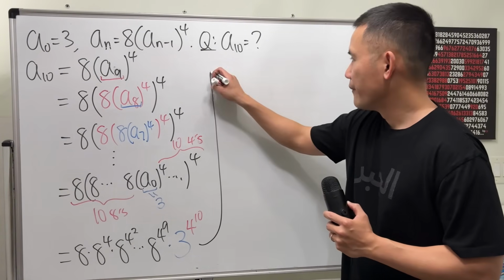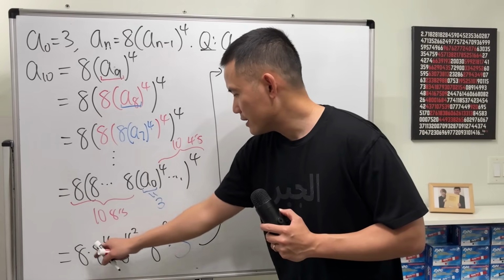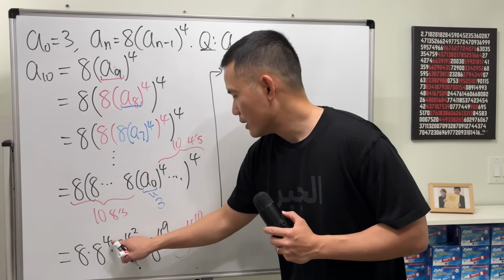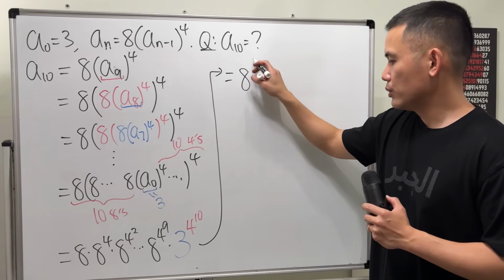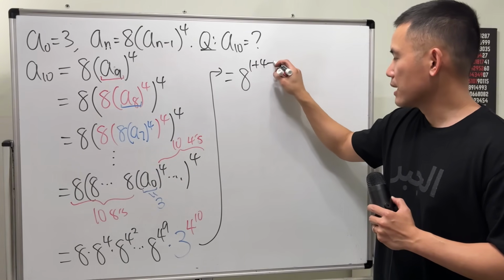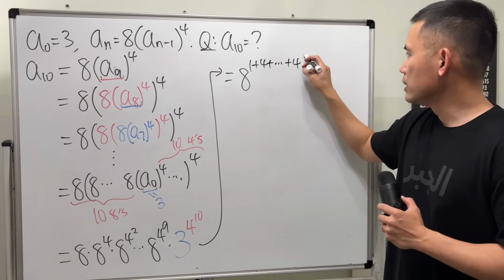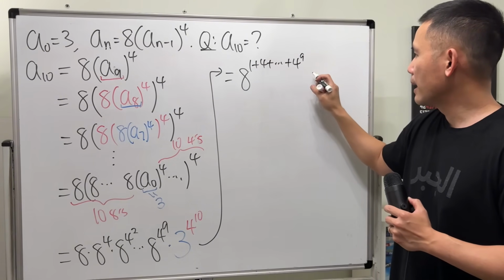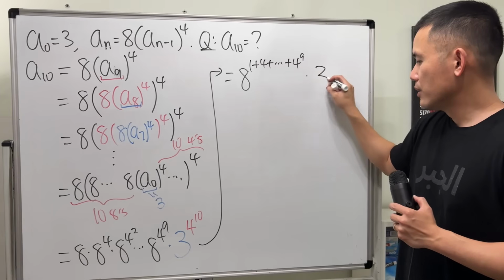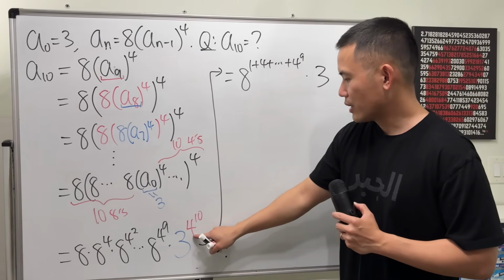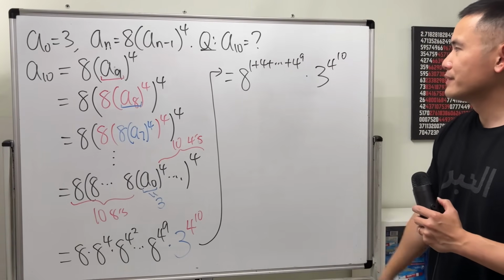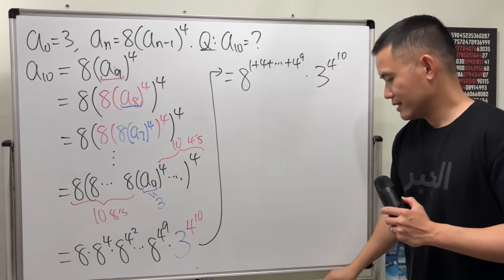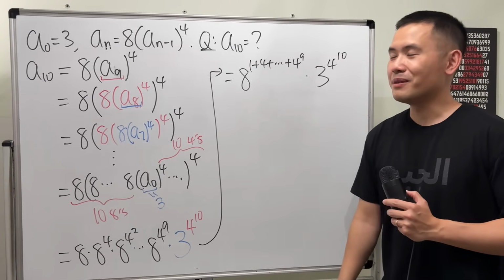Okay. So now, let me simplify this right here because you see that if you add the powers, you get 8 to the power of 1 plus 4 plus up to 4 to the 9th, and then you multiply by 3. And this right here, I'm just going to keep as 4 to the 10th power for now. How do we figure this out? It's a geometric sum, right?